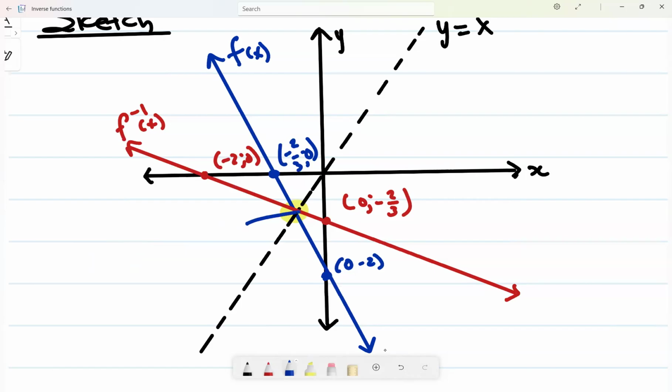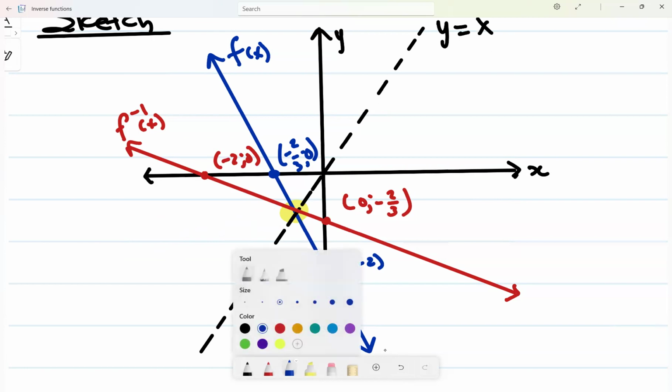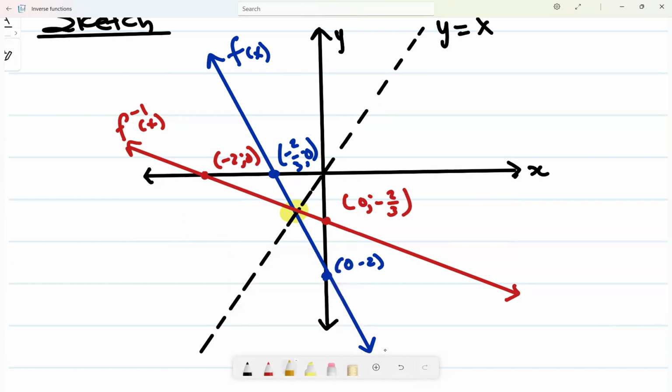If I have a coordinate -2, then y is also -2. If I have 4, this is also 4. 4 and 4. It tells us those coordinates are the same. There we have the same coordinates.